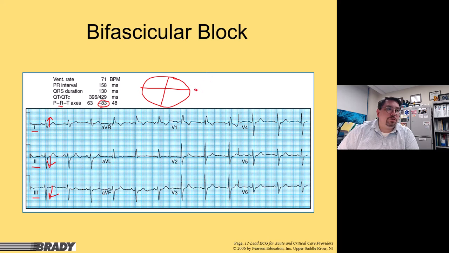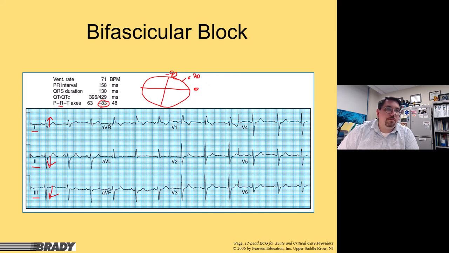So we know that 0 degrees is located here on our axis. This is lead 1. Negative 90 is located on the top, and positive 90 at the bottom. We have negative 40 here. So anywhere between 0 to negative 39 would be considered a physiological left axis deviation.